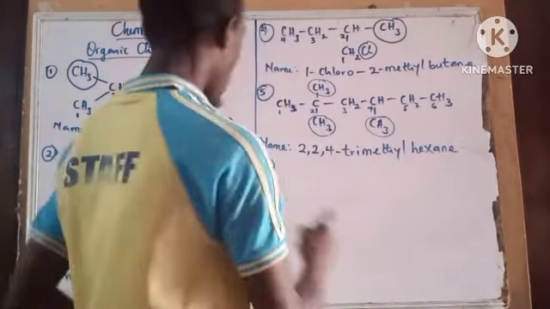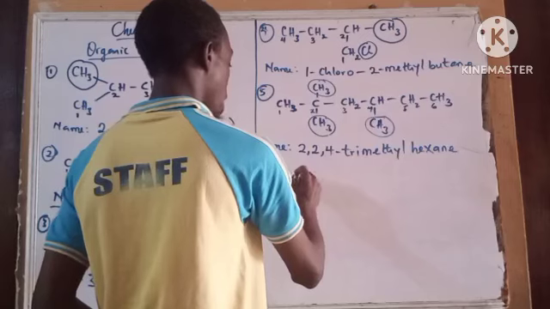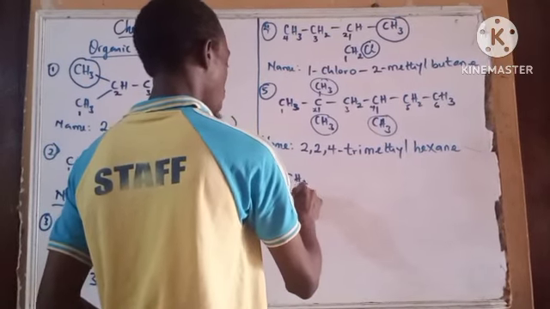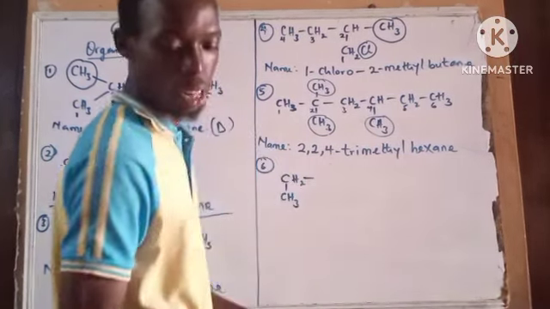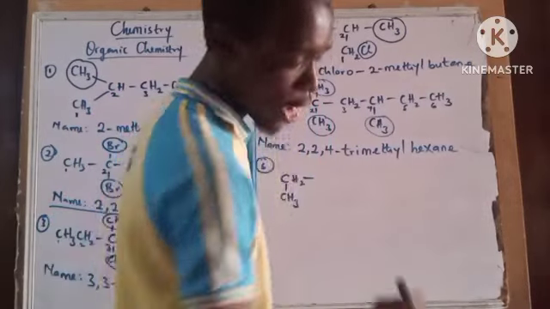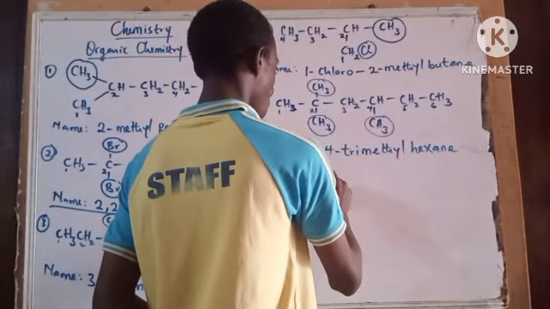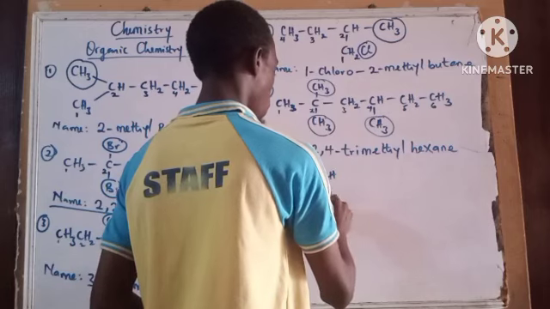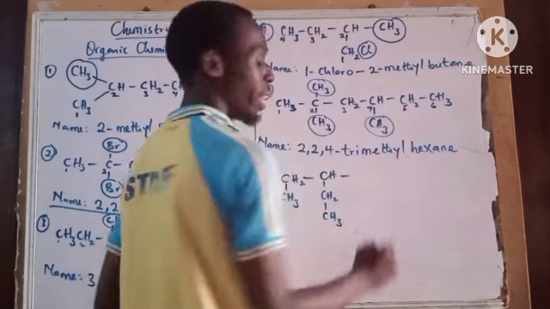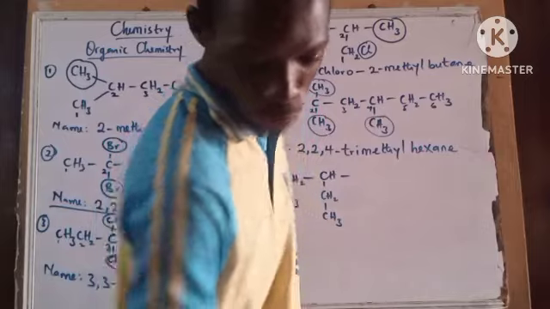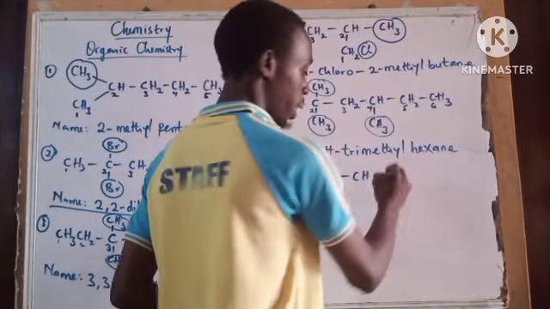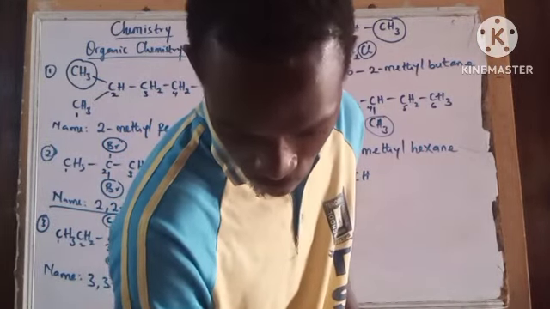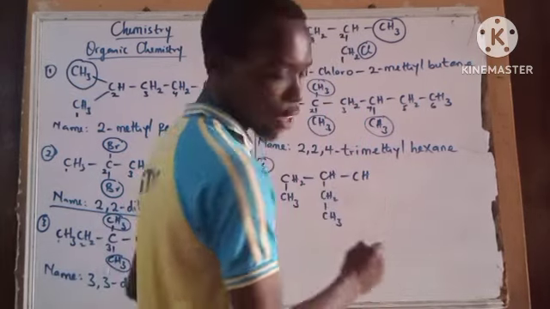Now for question 6, I have CH2, CH3, then bonded to CH, CH2, CH3, and then I have CH here. Okay, CH.